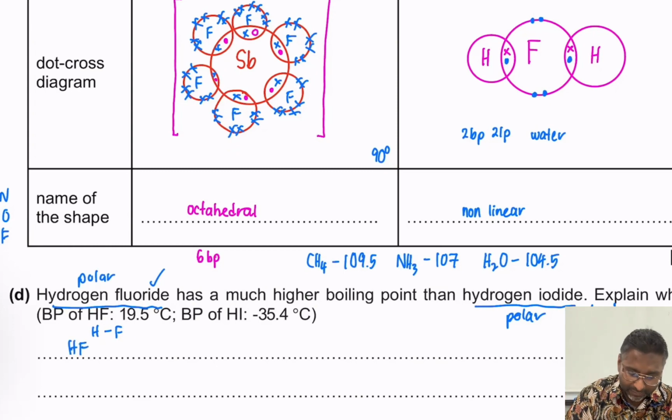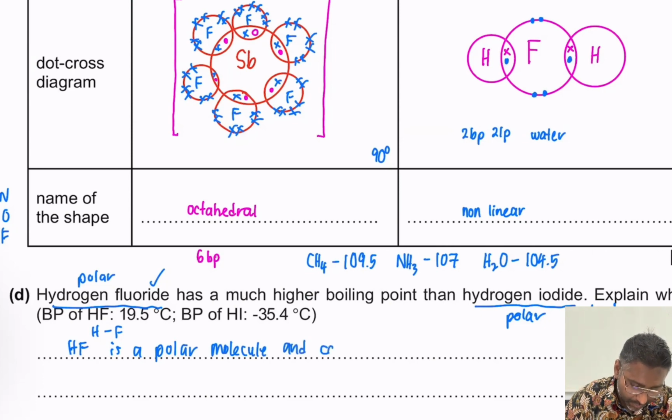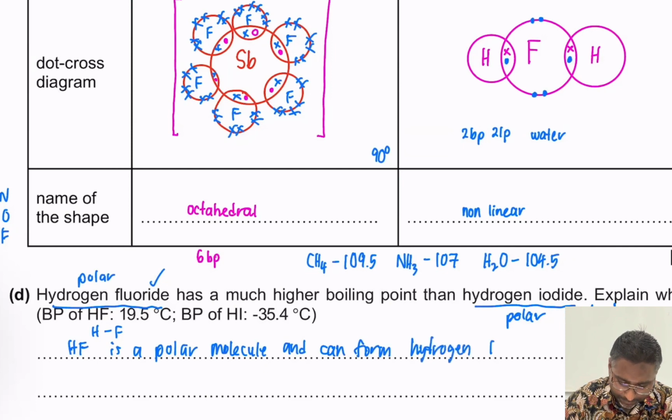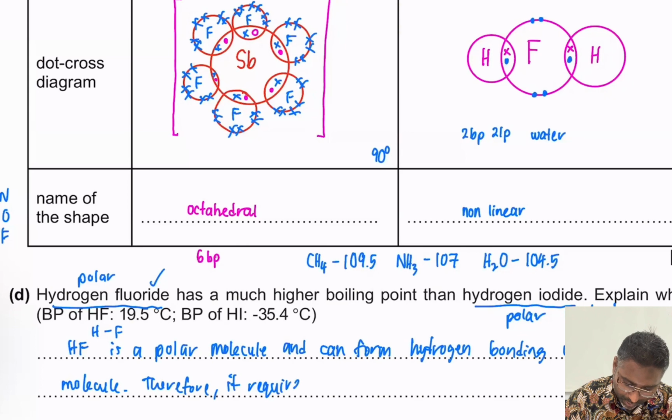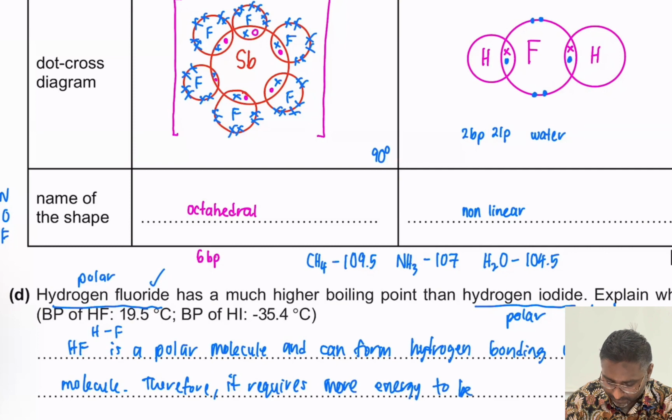Your answer will be: hydrogen fluoride is a polar molecule and can form hydrogen bonding with other HF molecules. Therefore, it requires more energy to be broken.